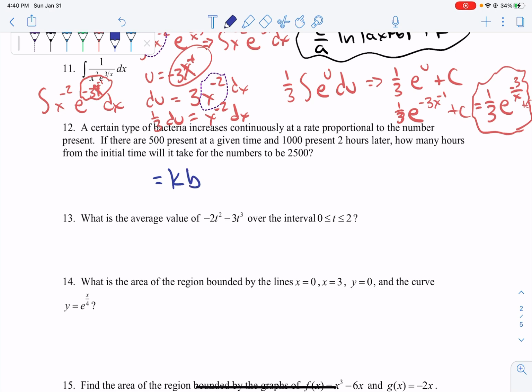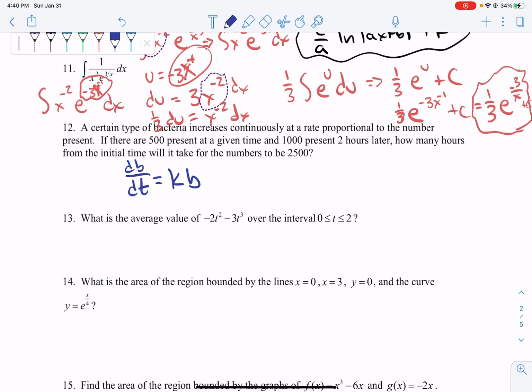Okay, so my rate of change is my change of bacteria. So let's call it dB, and we're going to be doing this in terms of time, I would assume. So dB dt, my rate of change of bacteria, is proportional to the number of bacteria.